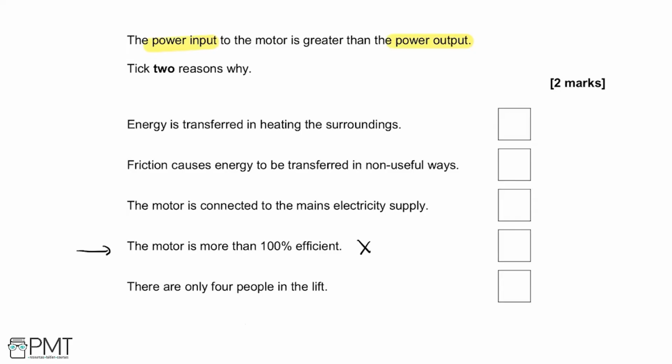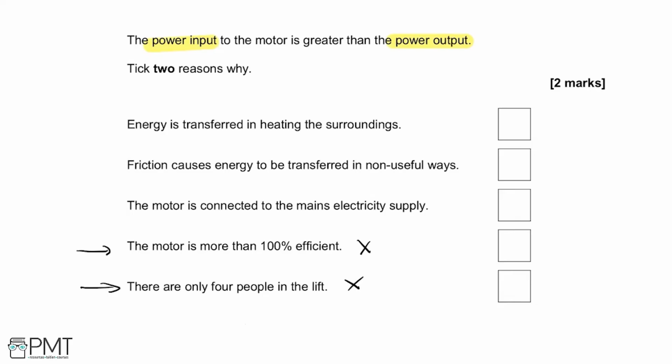Next, there are only 4 people in the lift. Well, this wouldn't change anything. We could have 5 people in the lift, we could have 2 people, we could have no people in the lift. That wouldn't change the fact that the power input to the motor is greater than the power output. The number of people in the lift doesn't matter, and so it can't be that one.